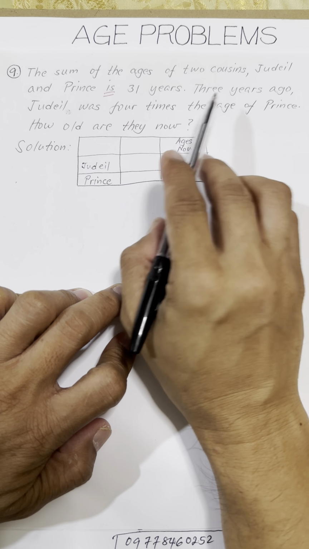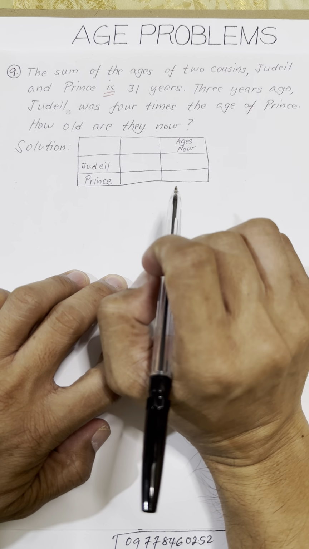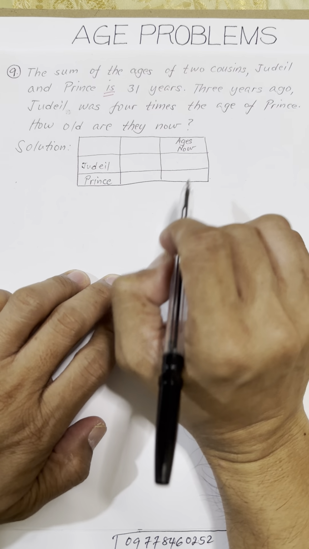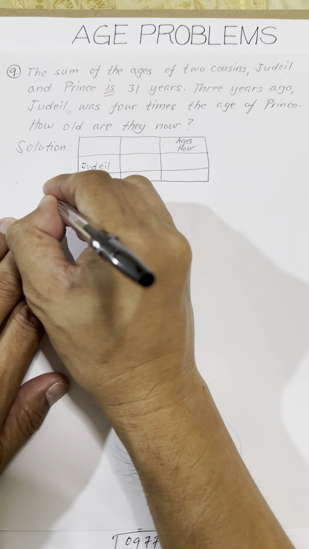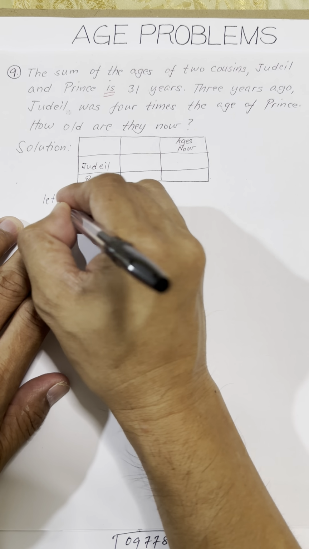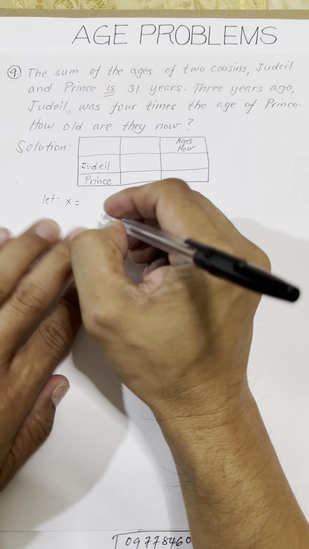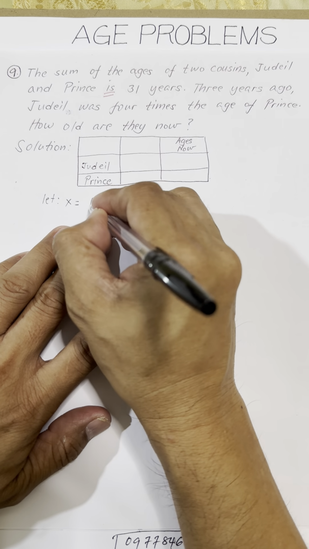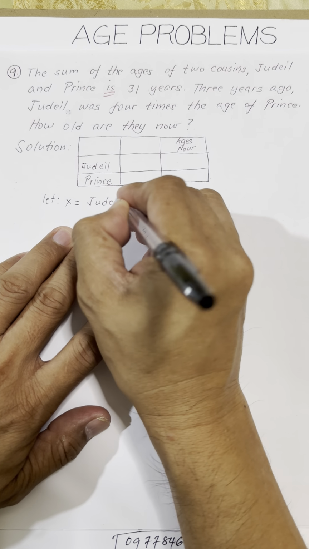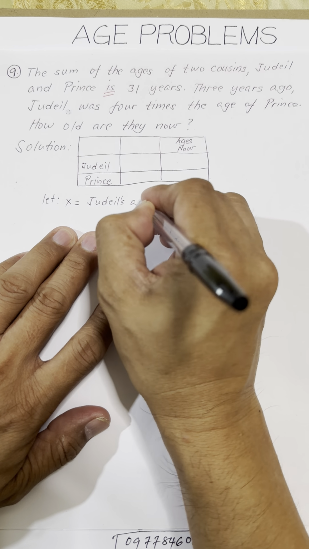Then another sentence says that 3 years ago. Okay, so 3 years ago. But before that, let X be Judel's age now.